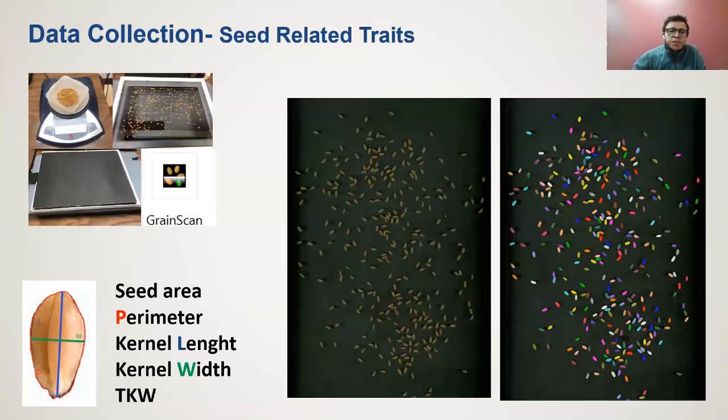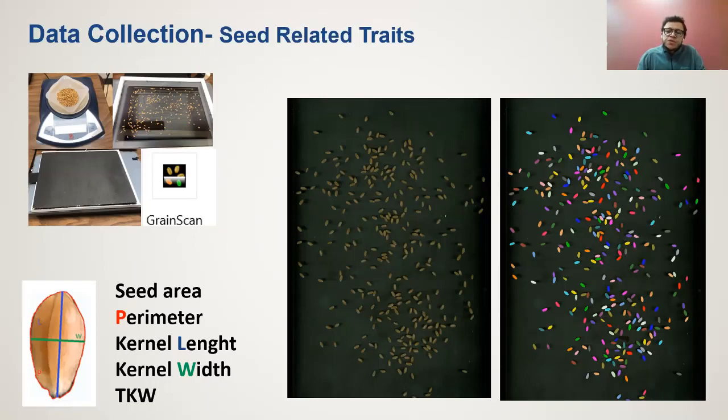For seed-related traits, we use the grain scanner software because it saves time and it is also cost-effective. So we took nearly 10 grams of seed and put them in the scanner. One point we should be careful about is the seed. We should separate them, otherwise the software will count 2 seeds as 1 seed and it can change the means.